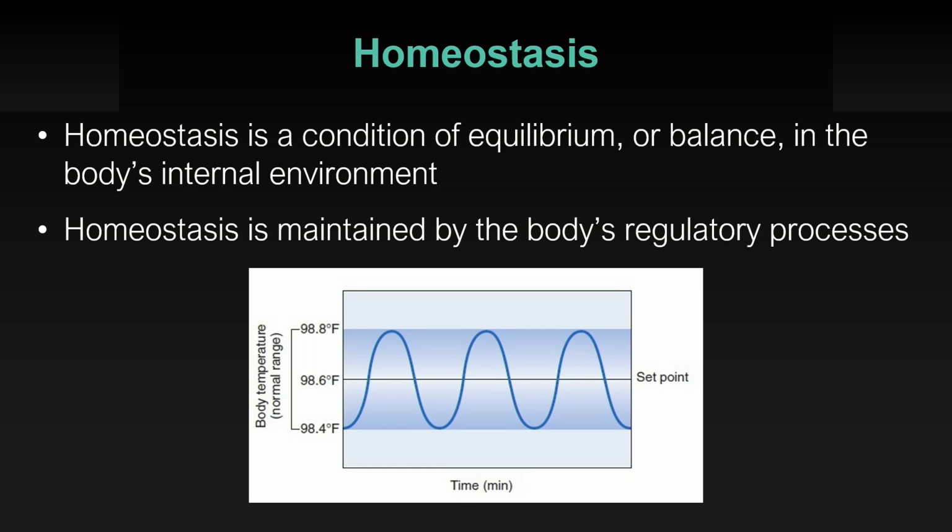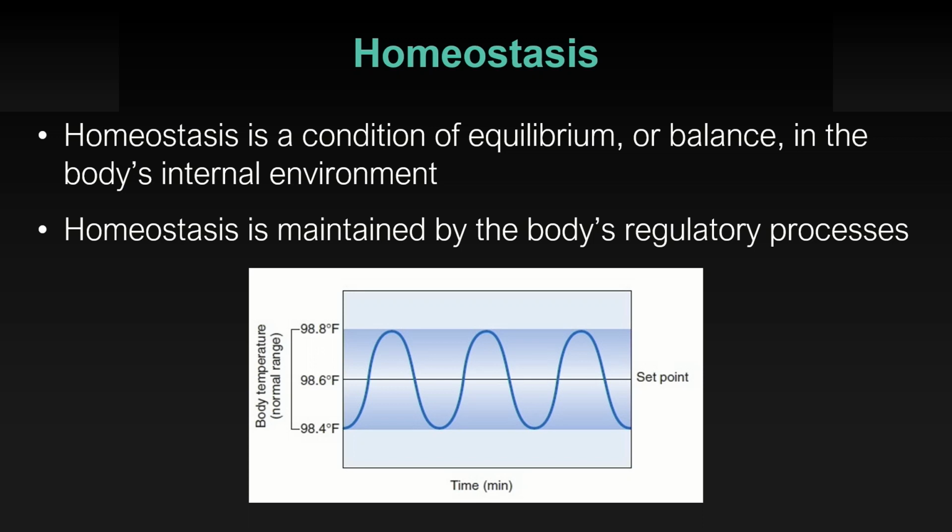I can break down food, great. I can make new proteins, great. If I'm in homeostasis, those processes are carried out unabated. And we like to think of homeostasis as having a set point.